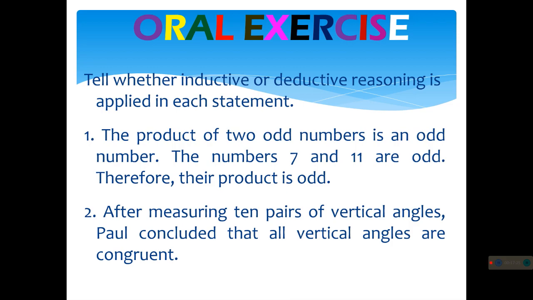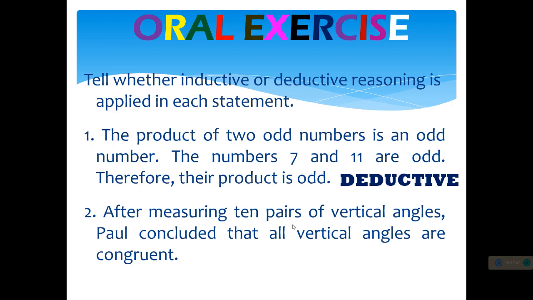Okay, so let us check your work. So number 1 again, the product of two odd numbers is an odd number. The numbers 7 and 11 are odd. Therefore, the product is odd. So we have deductive. So the property first was given before the examples. So that's why deductive.